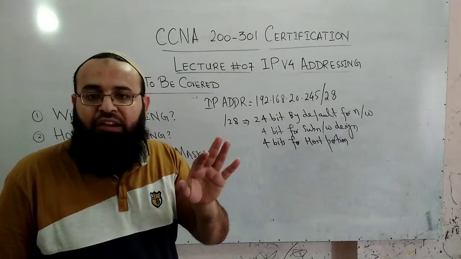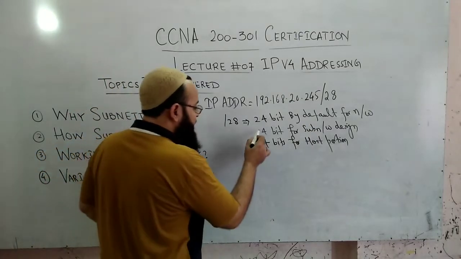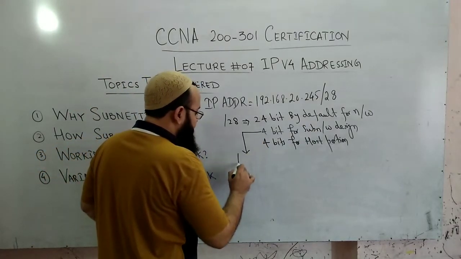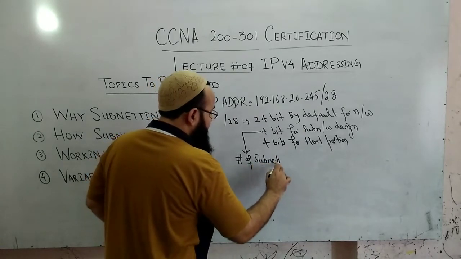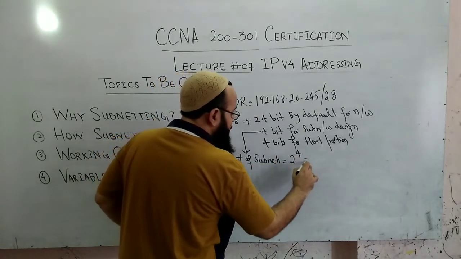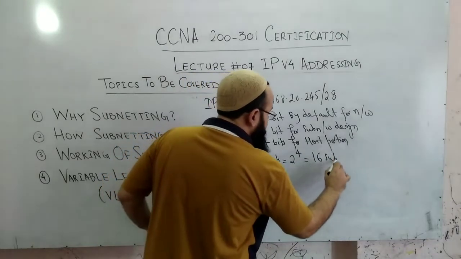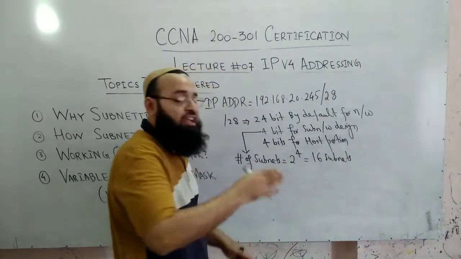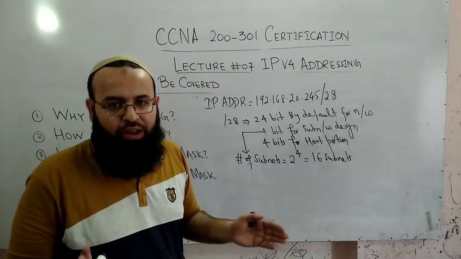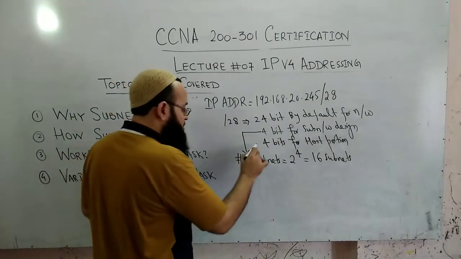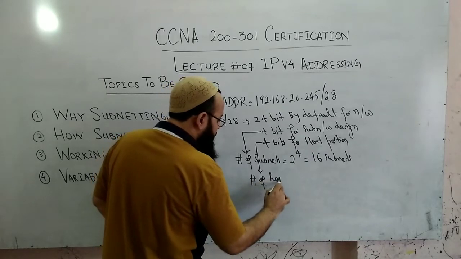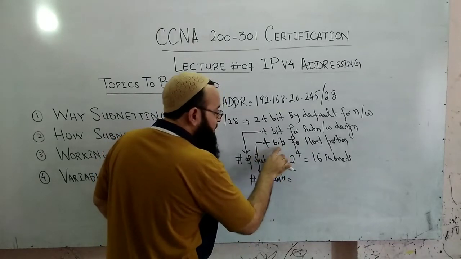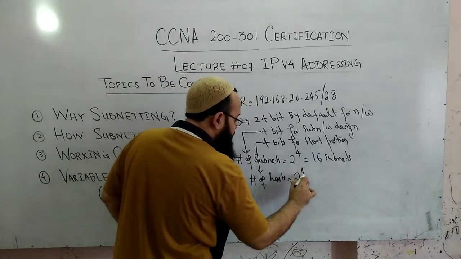So how many subnets are possible here? With the help of these 4 bits you can find the number of subnets. The number of subnets is 2 to the power 4, which means 16 subnets will be there. 16 pieces of your original network, with each chunk having how many hosts? 4 bits for host portion, that will be 2 to the power 4.